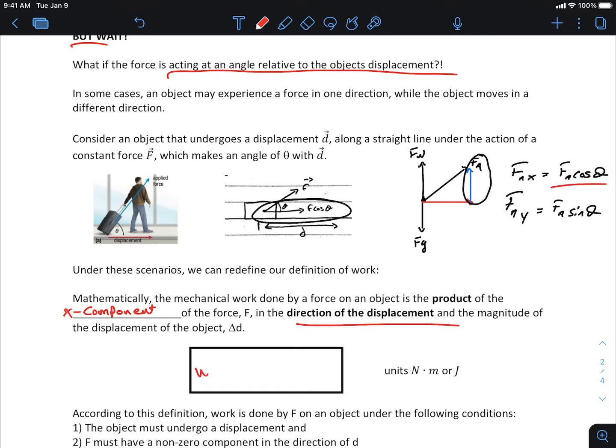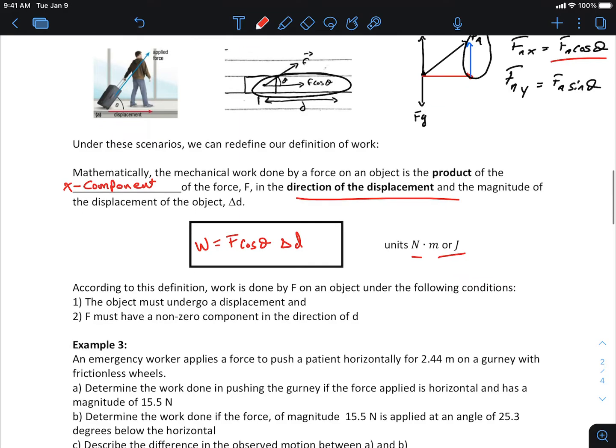And so if I were to rewrite this, I'd get work equals force cosine theta times the displacement. And the units are still newton meters, or joules, sorry. Anybody have any problems before I go any further?